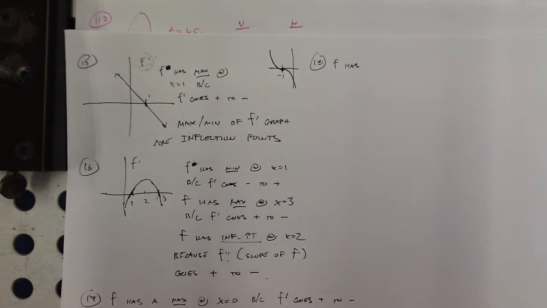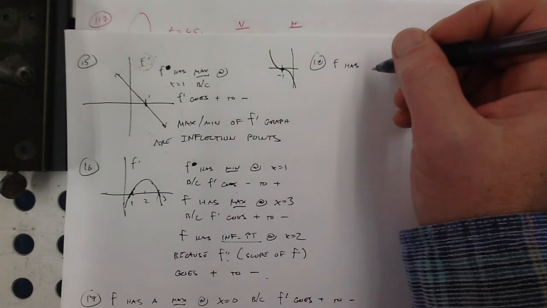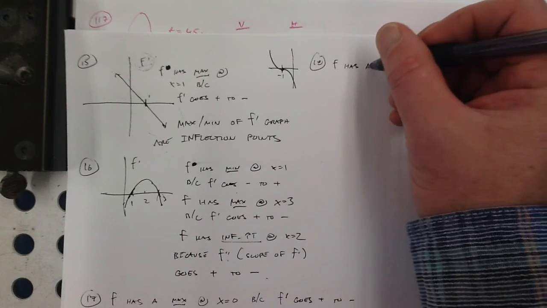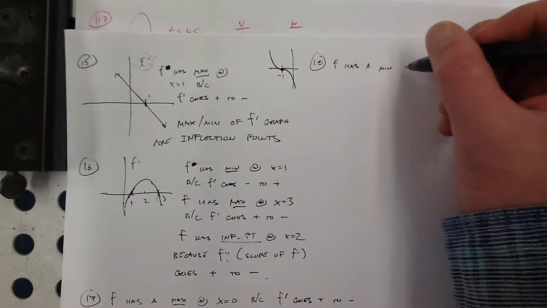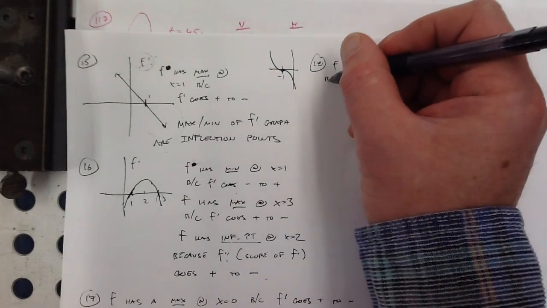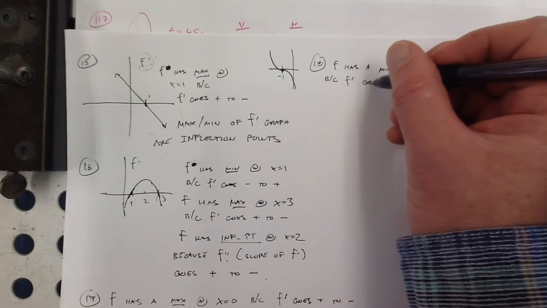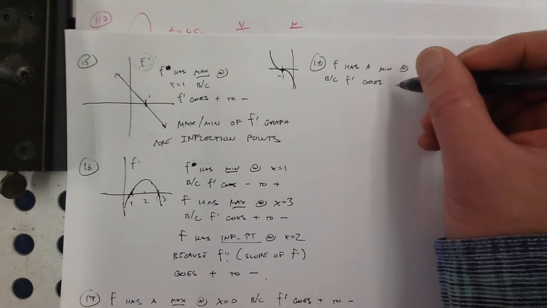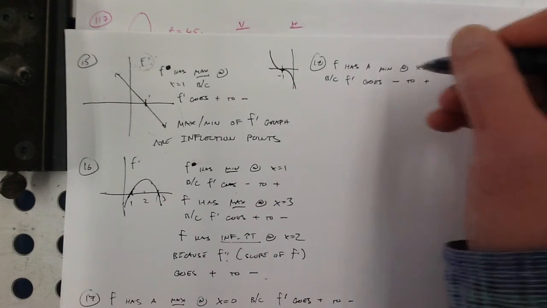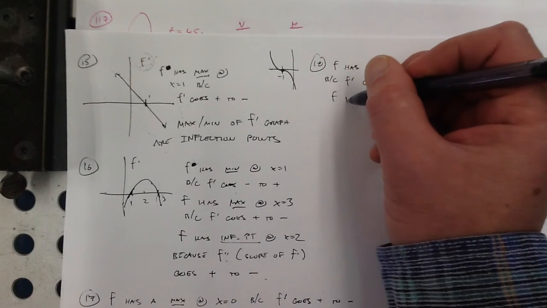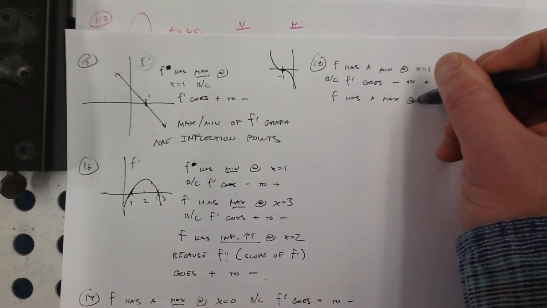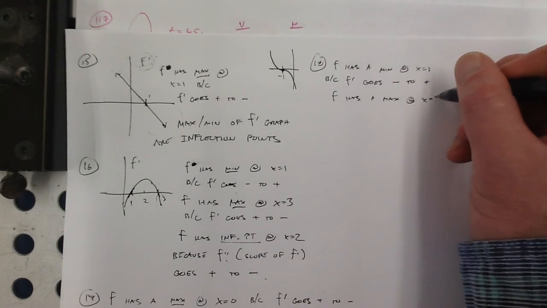Right? They didn't say find the critical points. They just said maximums and minimums. So f has, let's see, where's the first point where it actually crosses, at 1? F has a minimum at x equals 1 because f prime goes from negative to positive, and f has a maximum at x equals, looks like x equals 3.